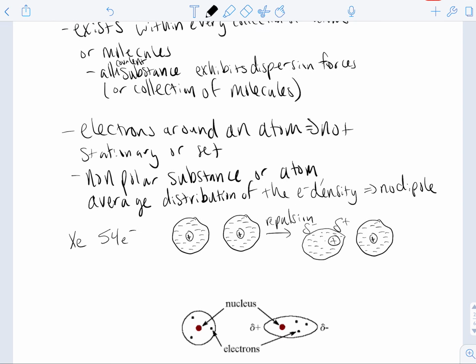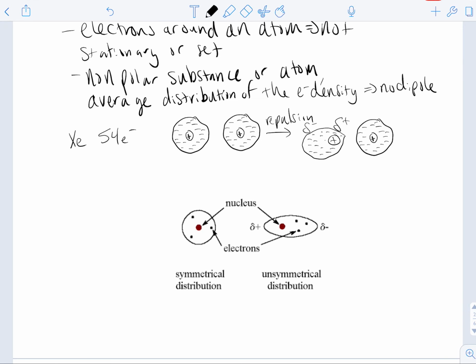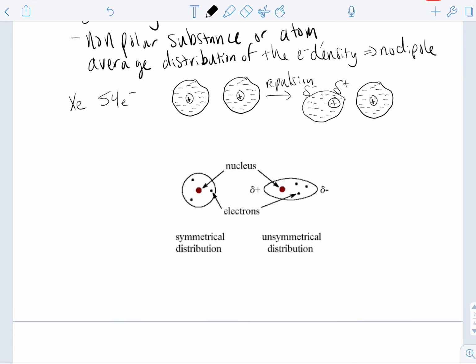Okay? And eventually, we could draw it like this, where we have an asymmetric distribution of that electron density, and we have a partial positive area and a partial negative area. That asymmetric distribution of that xenon molecule will affect other xenon molecules around it, and eventually will result in a bunch of instantaneous or induced dipoles.